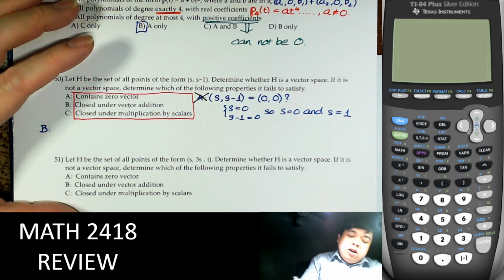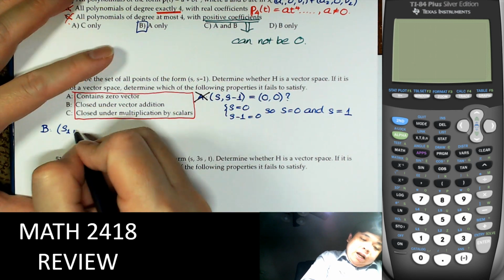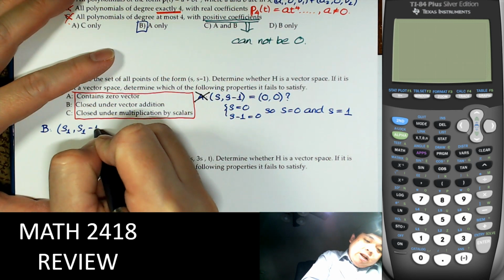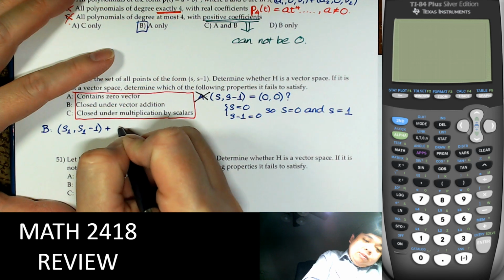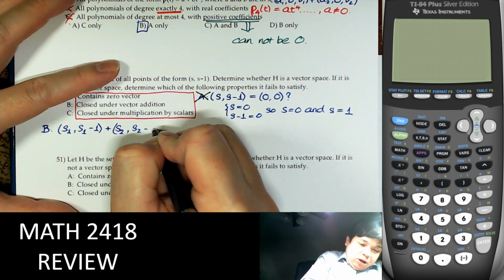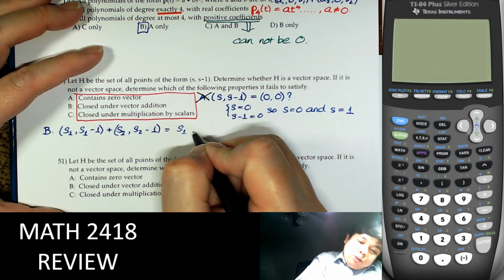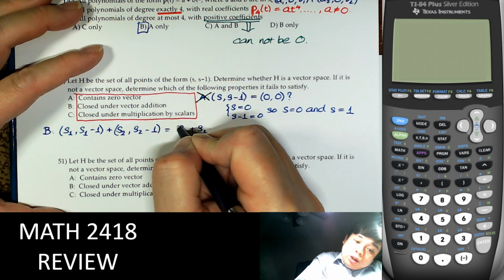Closed under vector addition. So let's say we have a vector in that form, S1, S1 minus 1. Then we add S2, S2 minus 1. If we add them, what do we get? S1 plus S2, which is good.